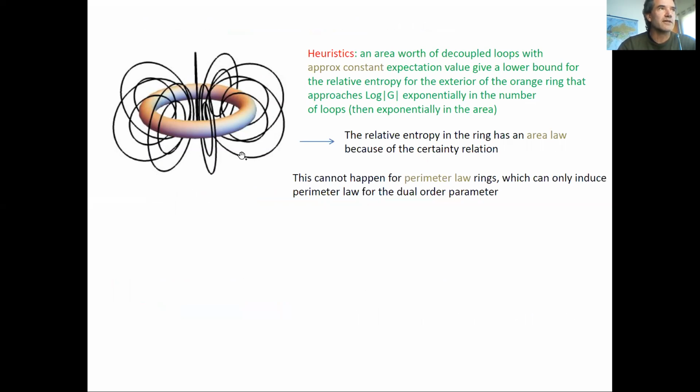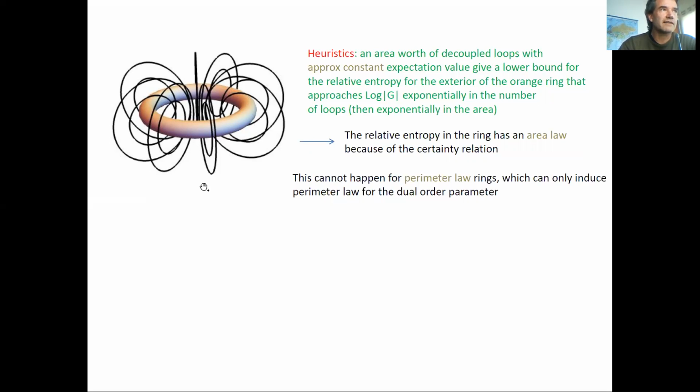Then you can think of putting 't Hooft loops in the complementary region, in some black rings here. If you suppose that there are few correlations between these 't Hooft loops, you can put many of them, and you can use the equations to get a lower bound on the relative entropy in the complementary region using many of these rings that you assume are uncoupled.